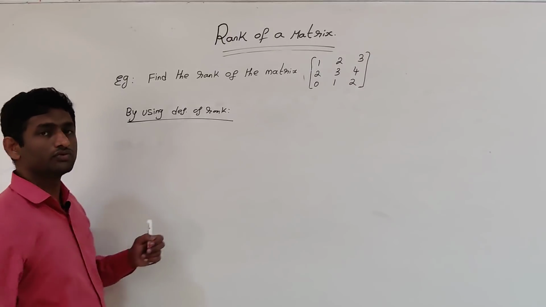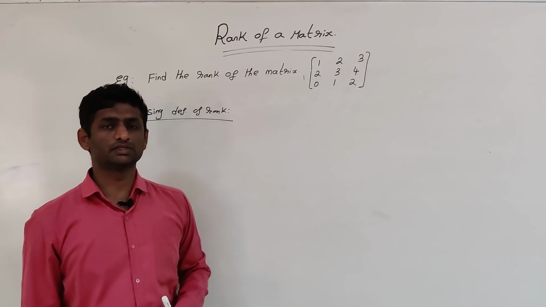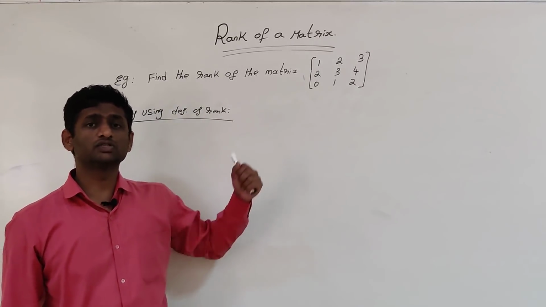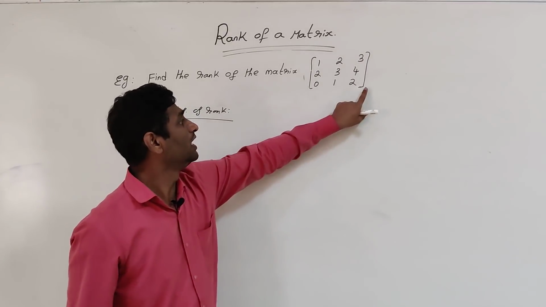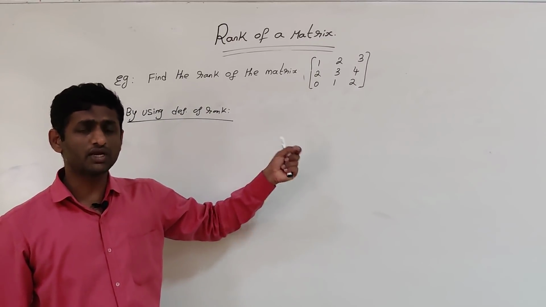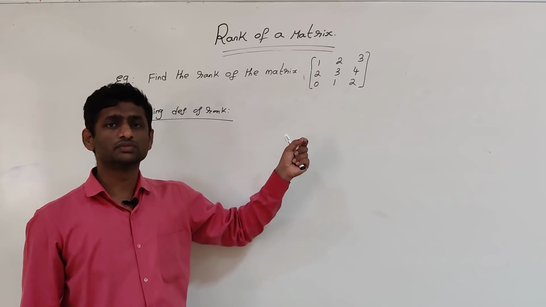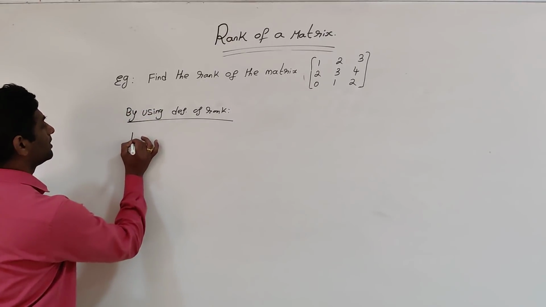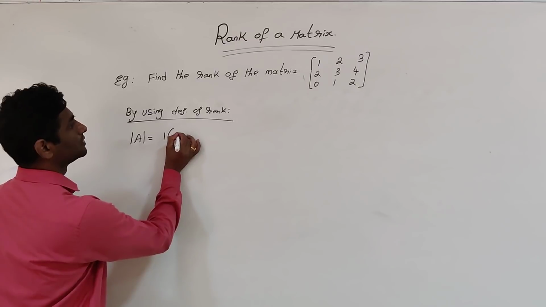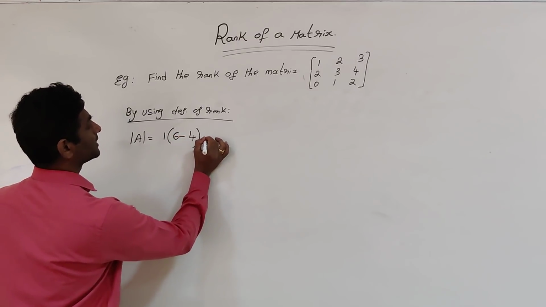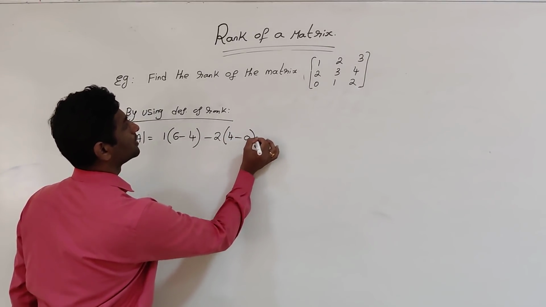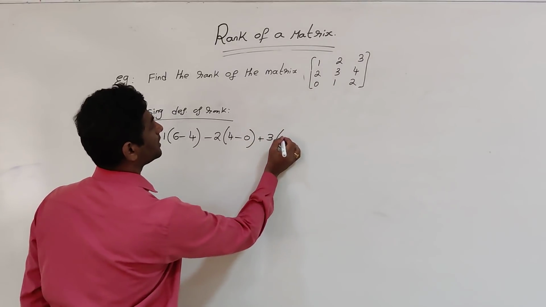First we have to find all square submatrices. We can have square submatrices of order 1, order 2 and order 3. Why? Because it is a 3 by 3 matrix, and every matrix is itself a square submatrix. Now, determinant of A is 1 times the cofactor of 1, that is 6 minus 4, minus 2 times the cofactor of 2, 4 minus 0, plus 3 times the cofactor of 3, 2 minus 0.